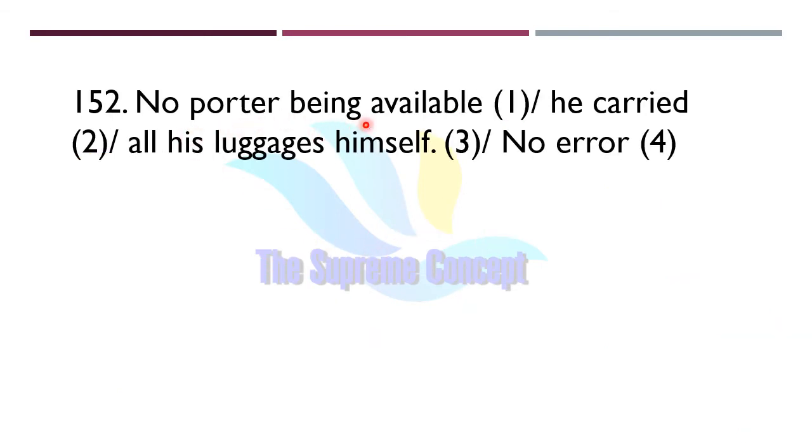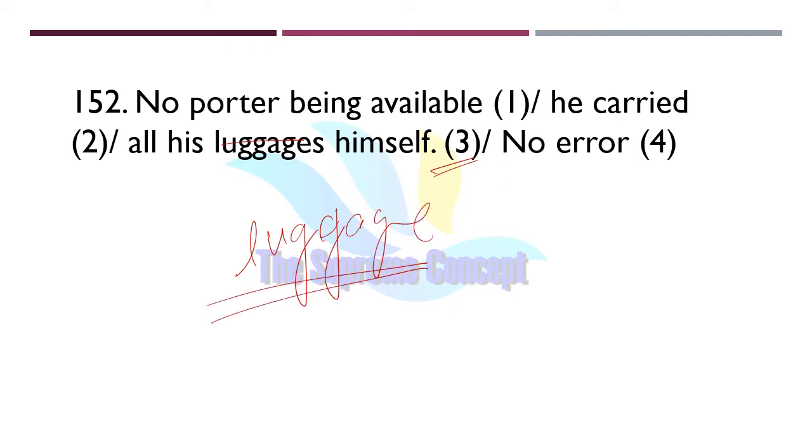No porter being available, he carried all his luggages himself. Now find out where the error lies in this sentence. Yes, error lies in part number 3. Instead of luggages, we will simply use luggage. Luggage has no plural form.